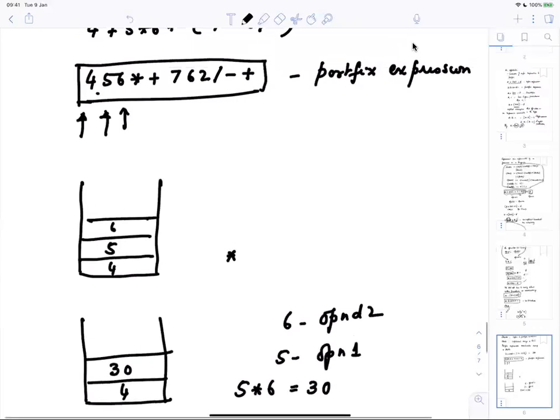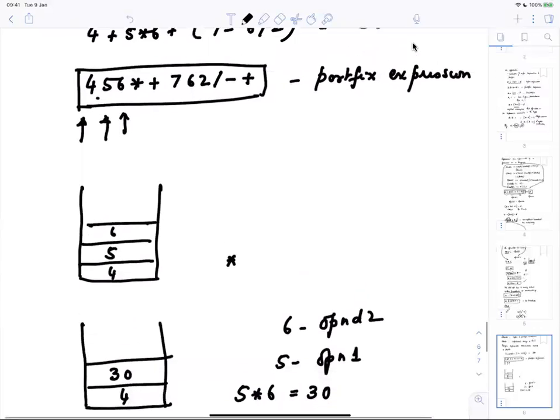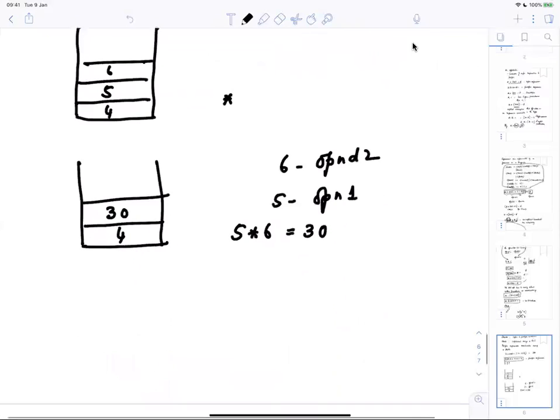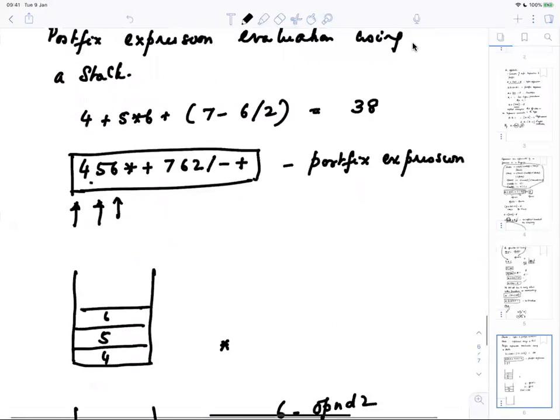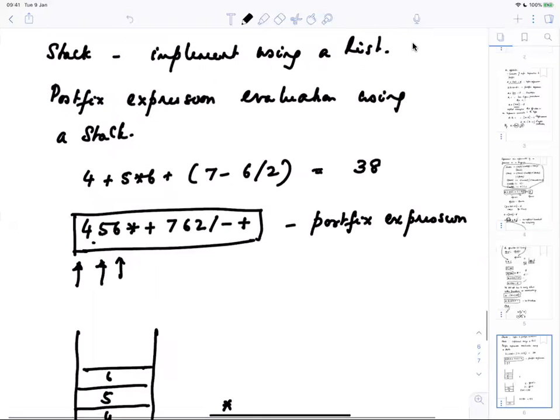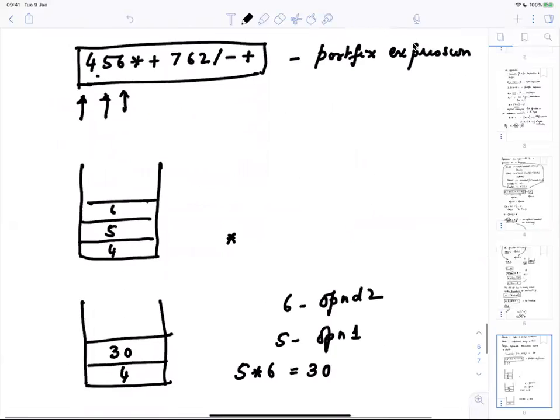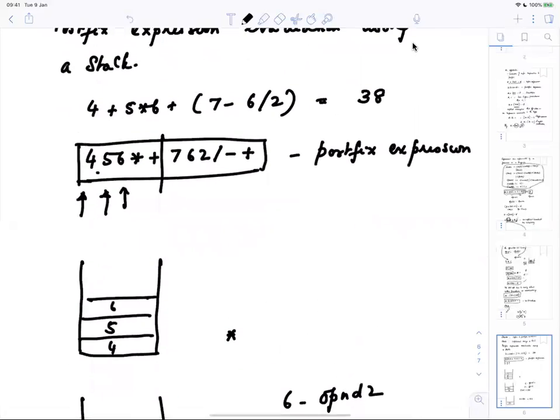Okay, so star is over, then I have a plus. So when I see the plus here, what do I do? I see 30. I pop both 4 and 30, add and get 34, and I push 34 back on the top of the stack. So where am I now? I have come till this plus over here.